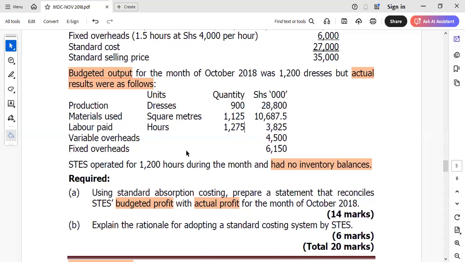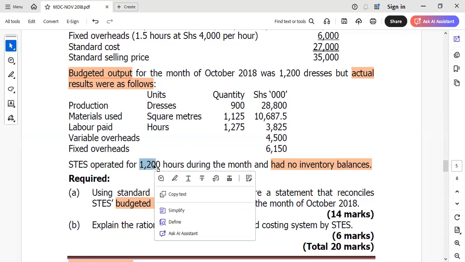And we are going to see how the difference between this and this gives the cost variance.